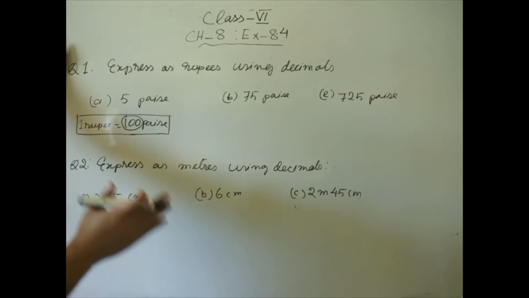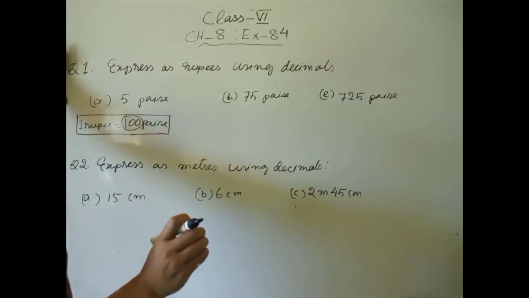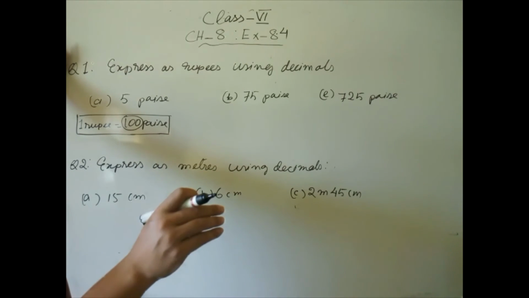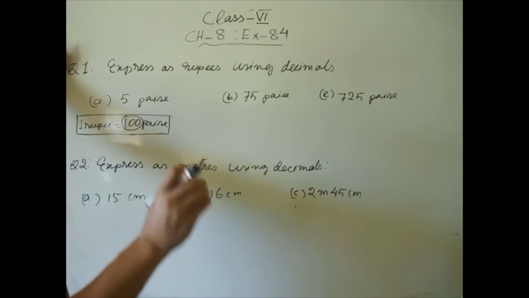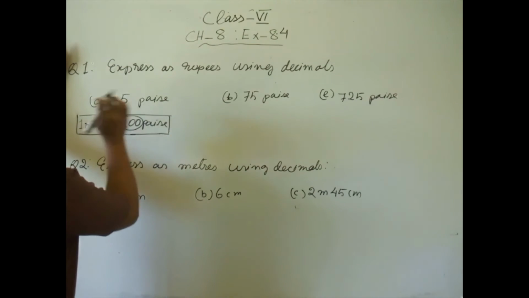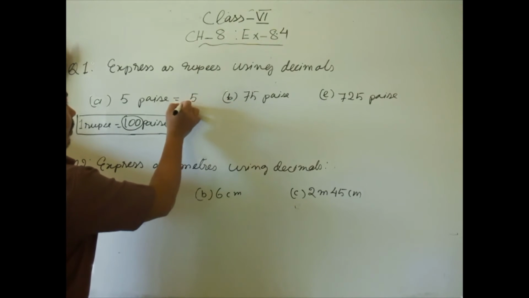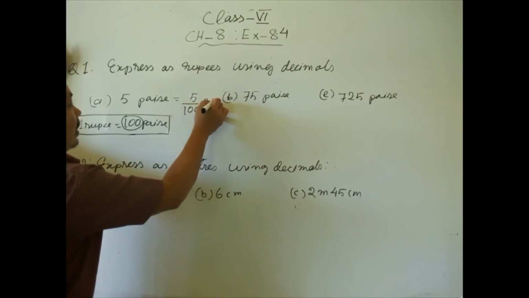To convert the smaller unit into the bigger unit, we divide. From bigger to smaller, we multiply. Now A is 5, so 5 will be divided by 100 and become rupees.